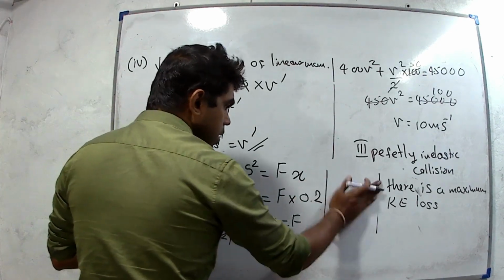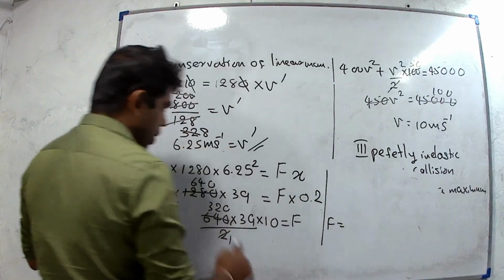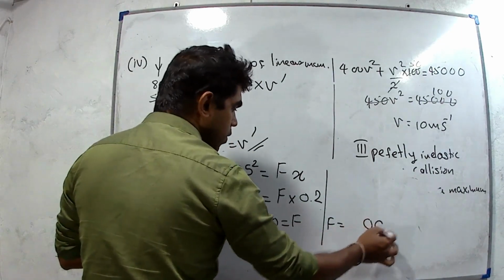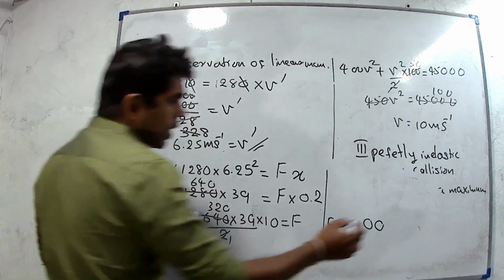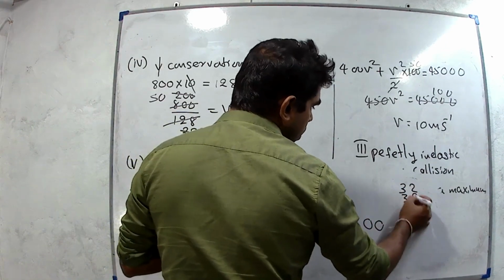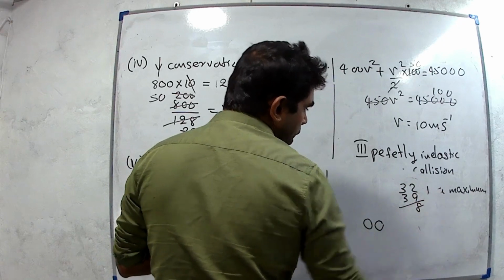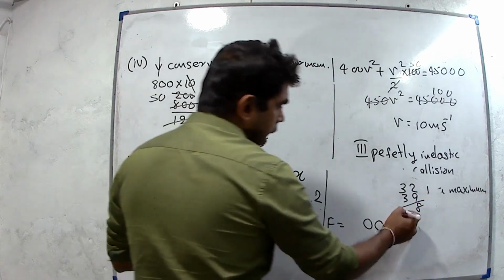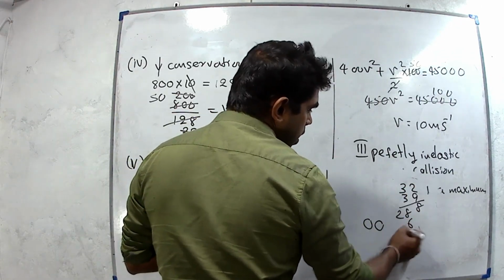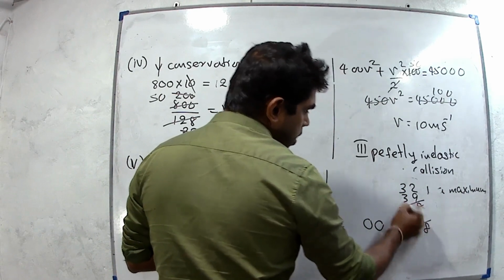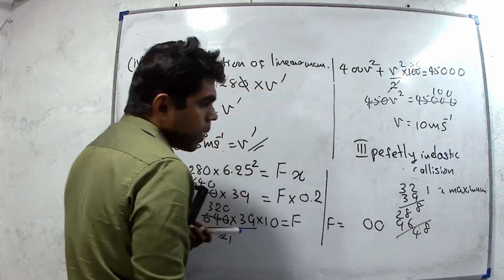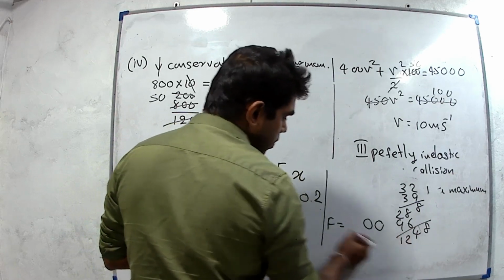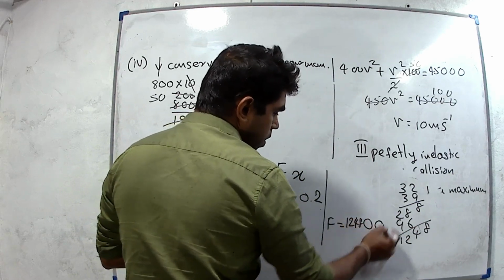F equals, there are 2 zeros, we can put them at the end of the answer. 32 into 39. 9 into 2, 18. 1 remaining. 9 into 3, 27 plus 1, 28. 3 into 2, 6. 3 into 3, 9. 8. 8 plus 6, 14. 1 remaining. 2 plus 1, 3 plus 9, 12. Newton.